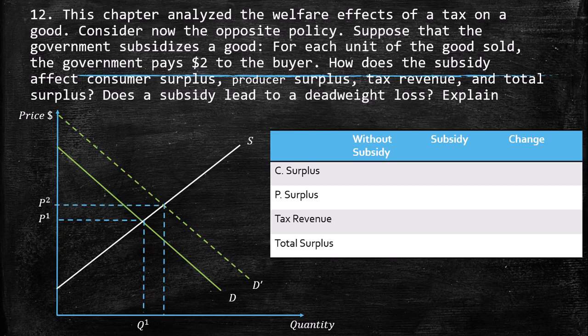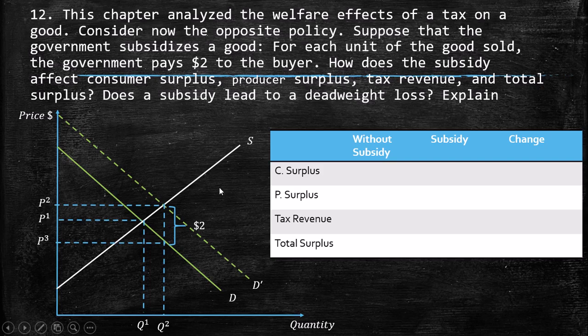So now how we can analyze this is so interesting, because this size is going to be the subsidized $2. So it means that the consumers have to pay now P3 instead of P1, and the producers will receive P2 instead of P1.